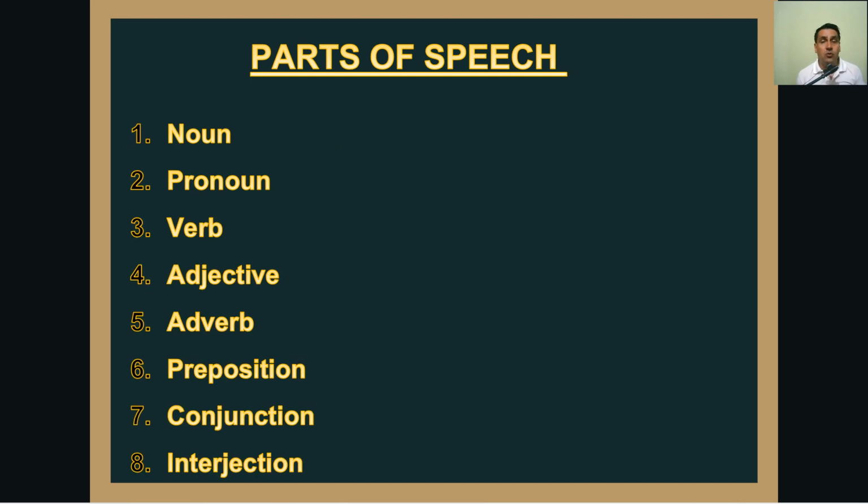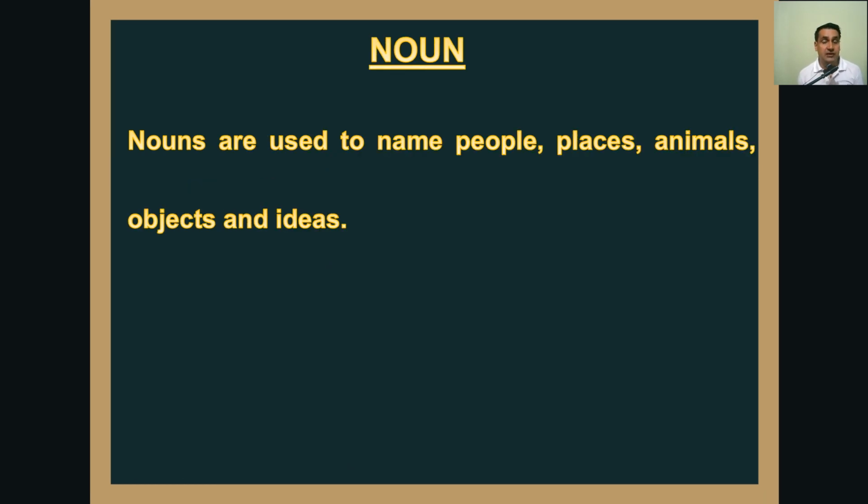If we look at all the parts of speech, a sentence is made up of nouns, then we have pronouns, verbs, adjective, adverb, preposition, conjunction, and interjection. So there are 8 parts of speech, and here is this list here. Then if you continue to look in today's class, we're going to look at noun.